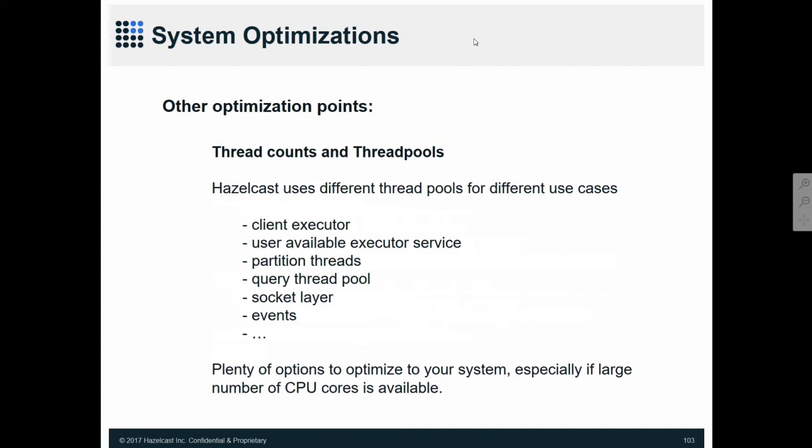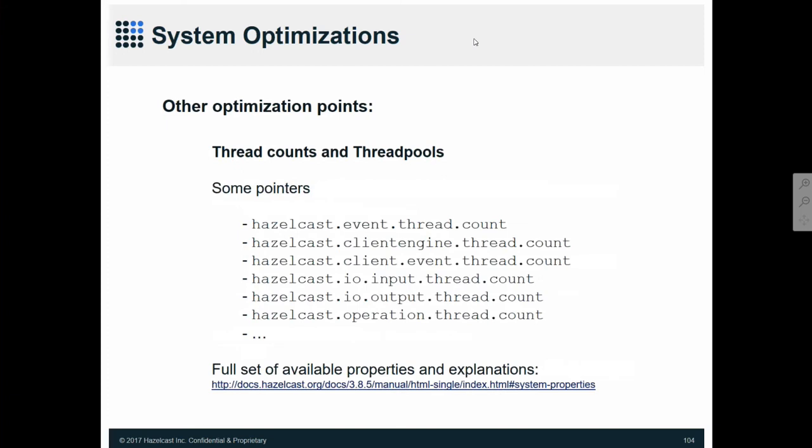Thread pools, there's a lot of different thread pools, as I said earlier, and there is a thread pool for pretty much every single feature. They all have their individual thread counts and thread sizes, so there's a lot of optimization potential here. I'm going a bit faster because I really want to have a little bit of time for the Q&A.